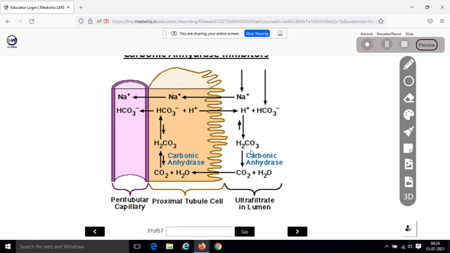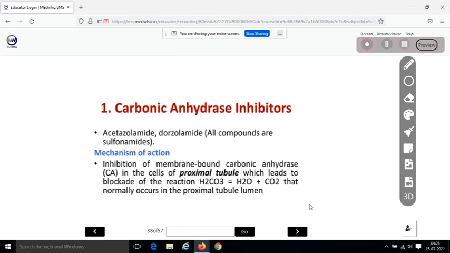Hydrogen combines with bicarbonate to form carbonic acid, and then carbon dioxide and water. This is absorbed, again forming carbonic acid, bicarbonate and hydrogen. So sodium and hydrogen exchange occurs like this, along with sodium and bicarbonate. This is the mechanism by which carbonic anhydrase inhibitors act.